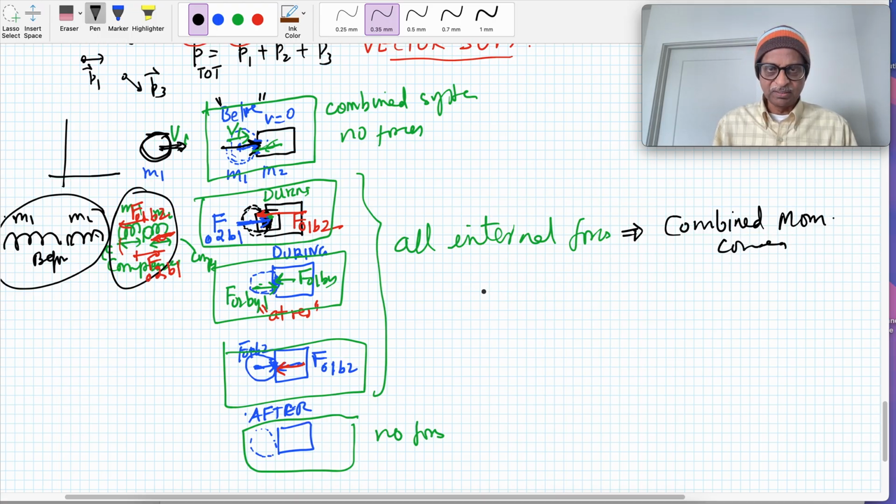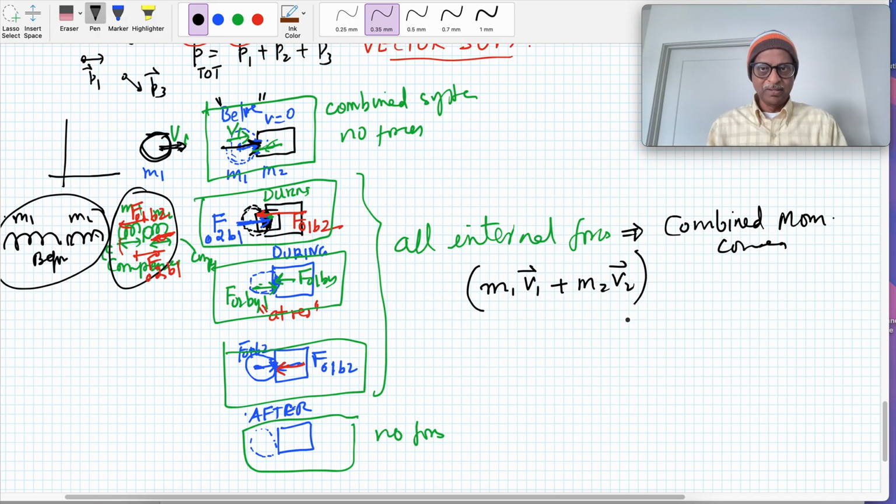So if I look at M1 V1 plus M2 V2, this combination, if you look at before, it must be equal to the same combination after.